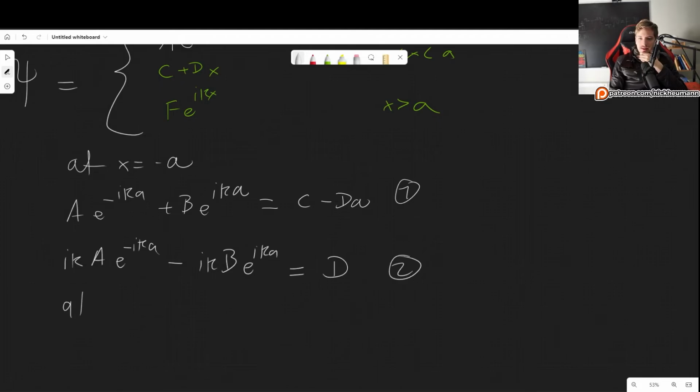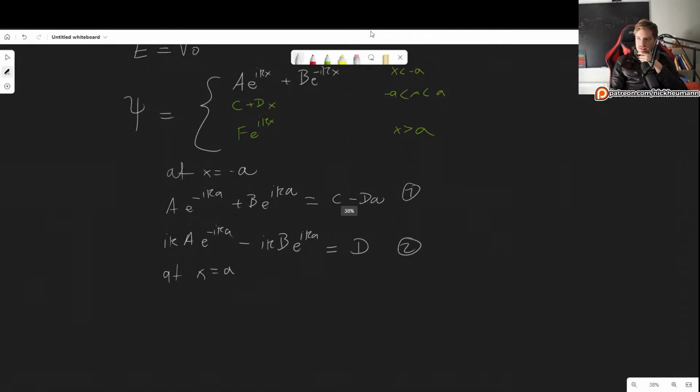Now, at x equals a. So this time, we get, let's see, c plus dA is equal to f e to the ika.